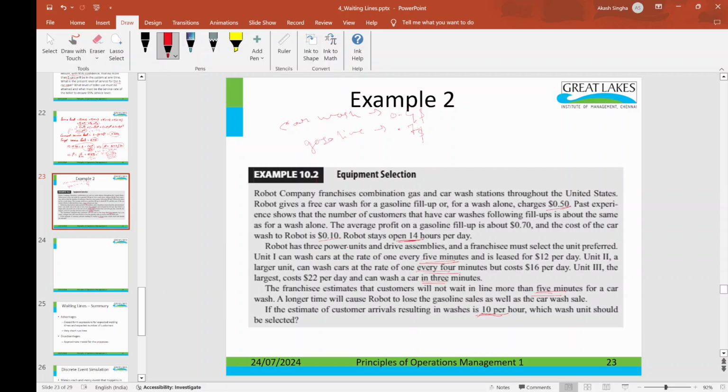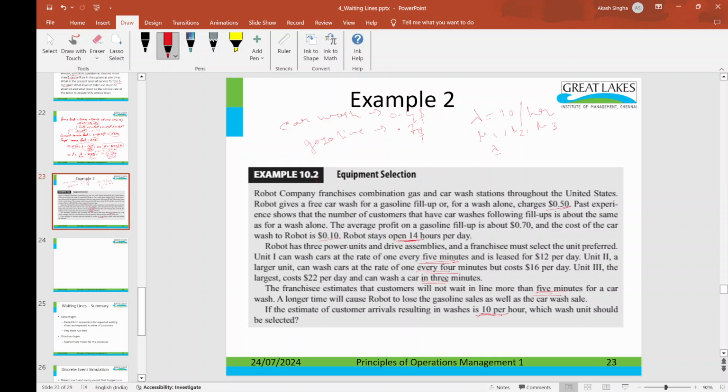So 10 per hour is the arrival rate, so we know lambda equals 10 per hour. Three service rates are given, mu1, mu2, and mu3. So we can calculate lambda by mu1, lambda by mu2, lambda by mu3 to calculate the server utilization in each case, right? So all three we can calculate.